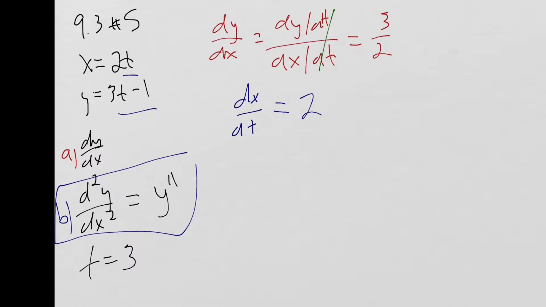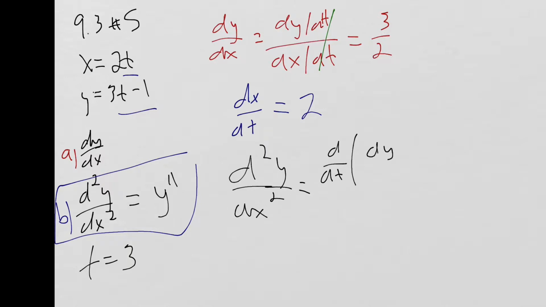So let me write out the formula. This d squared y over dx squared is d/dt of dy/dx, divided by dx/dt.